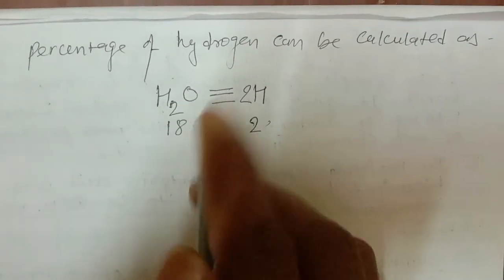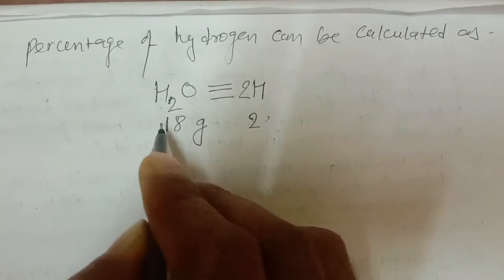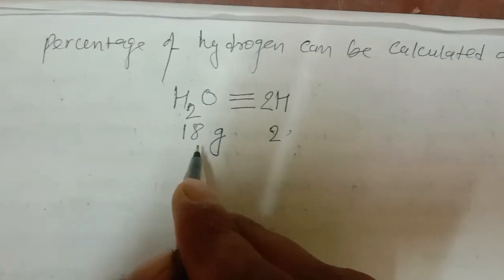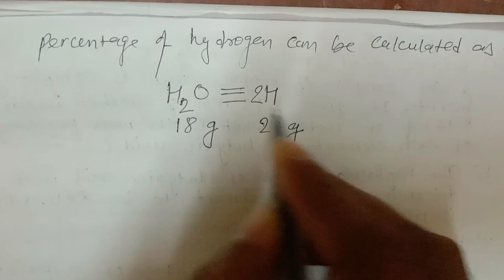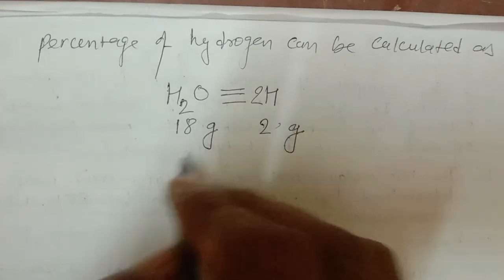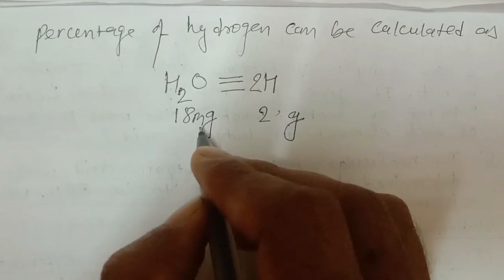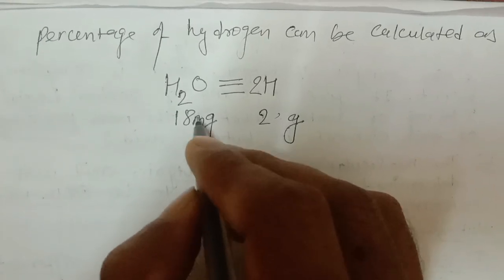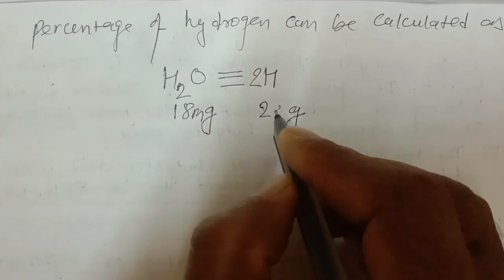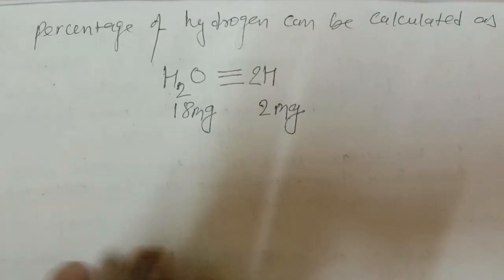So in 18 gram of water, 2 gram of hydrogen is present, or simply in 18 milligram of water, 2 milligram of hydrogen is present.